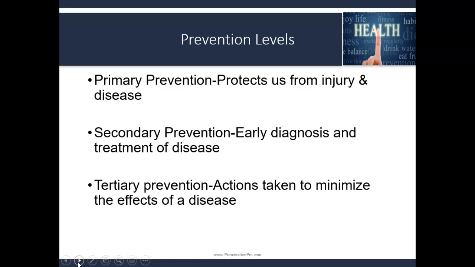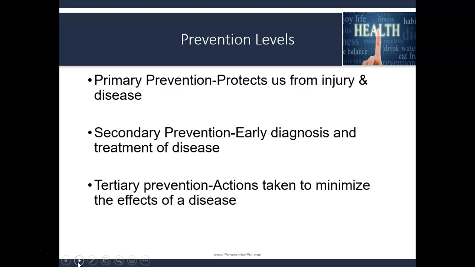A good example with that would be somebody who potentially has cancer. As many of you may know, sometimes doctors will rate it in terms of stage 1, stage 2, and stage 3, depending on what stage of the disease you are in. So sometimes if you get an early diagnosis and you're at stage 1 or stage 2, the goal is to maintain you at that stage, and then try to cure you.